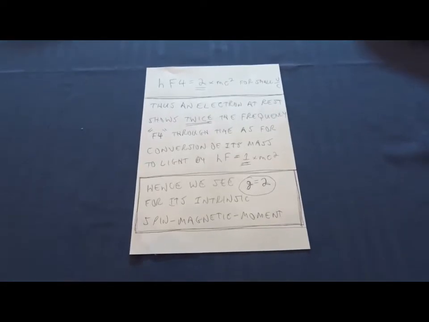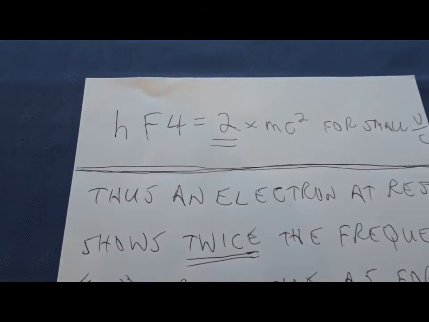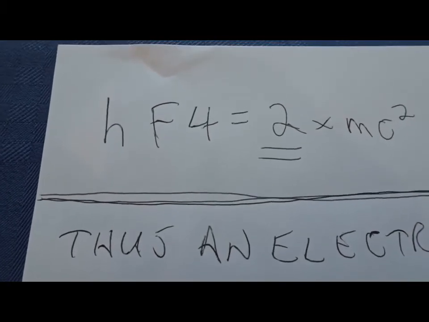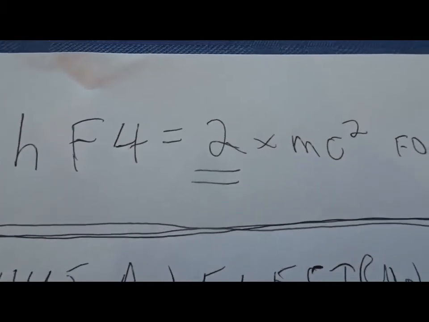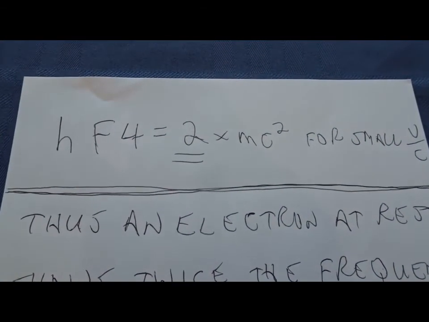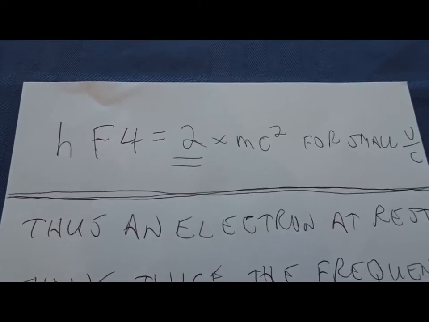Next, after some simple algebraic manipulation, we learn that h times F4, which is the frequency of an electron at rest moving through time, equals 2 times mc squared for small v over c as an approximation. That's a very important result, which is unexpected, and we'll explain why now.